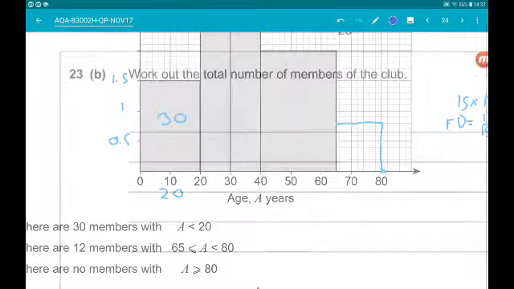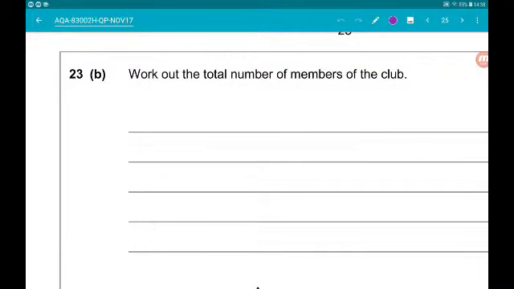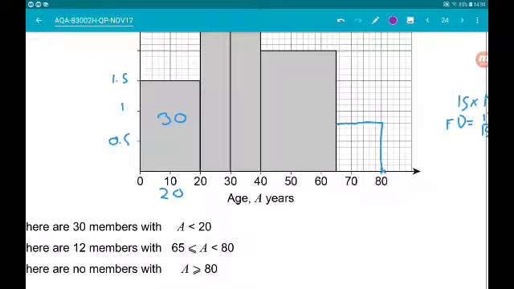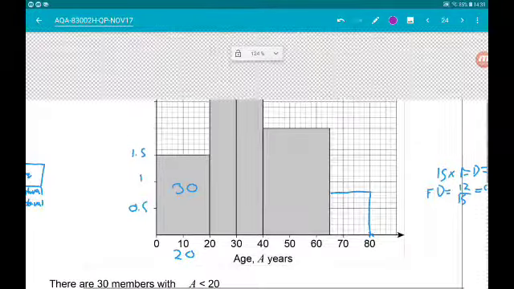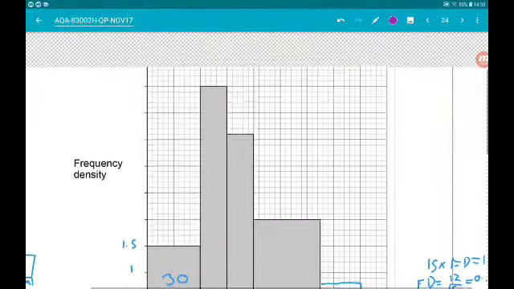Cool. Okay, then part B wants us to work out the total number of members in the club. So we know already we got 30 add 12. What we need to do is work out how many are in these bars in between.